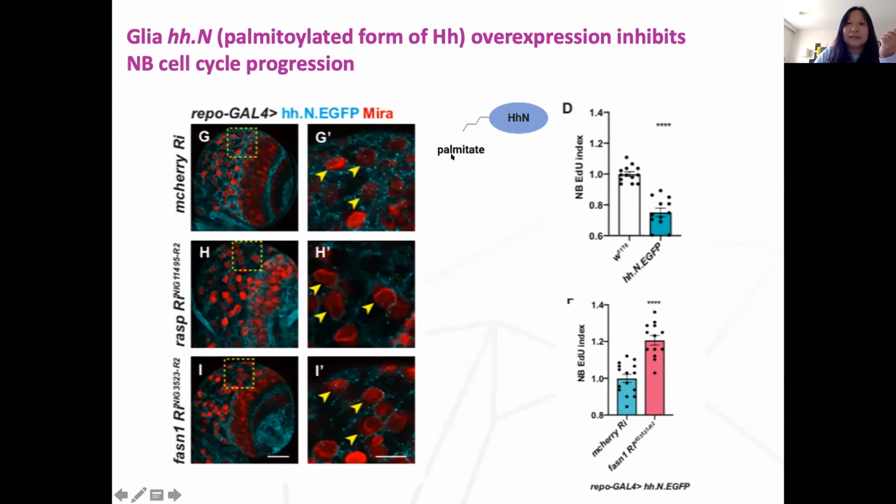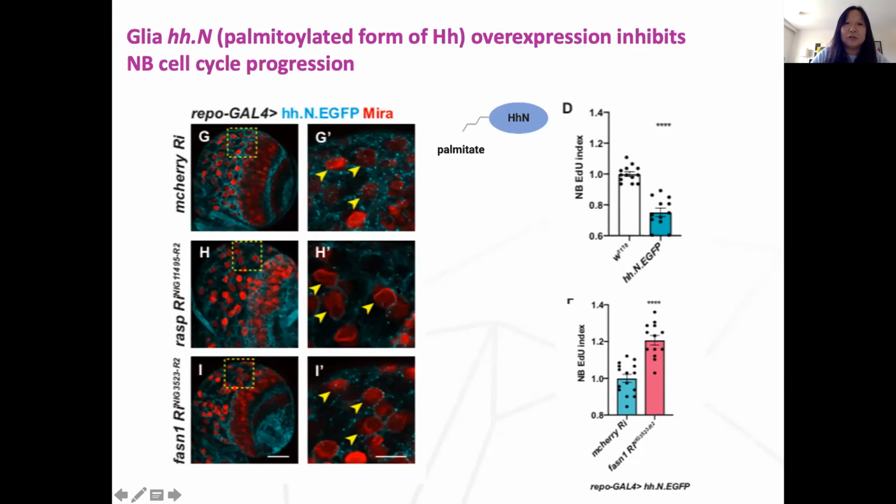So palmitate is either dietary derived or it's made through fatty acid synthesis, through FASN1. In this case, she overexpressed hedgehog N, but she knocked down FASN to deplete the amount of palmitate that's capable of palmitoylation. And she again saw a significant rescue. So altogether, this suggests that palmitoylation of hedgehog is really important and instrumental for the ability of hedgehog to travel from the glia compartment to the neuroblast.